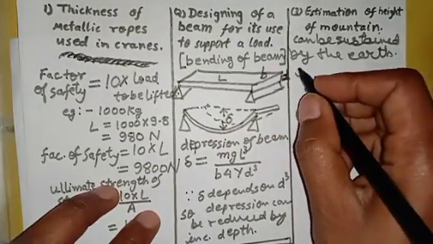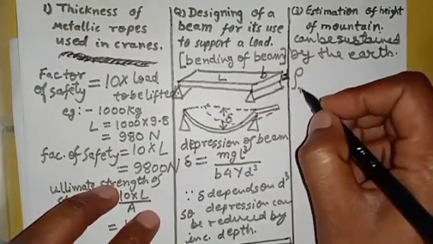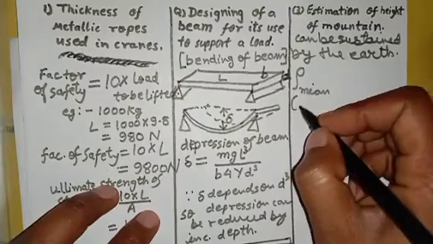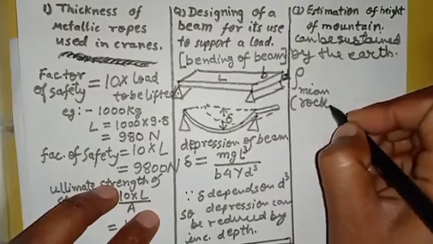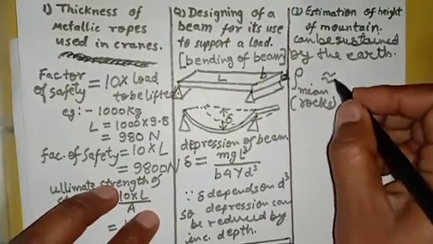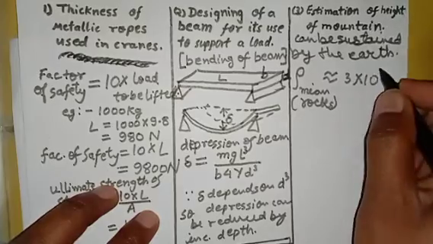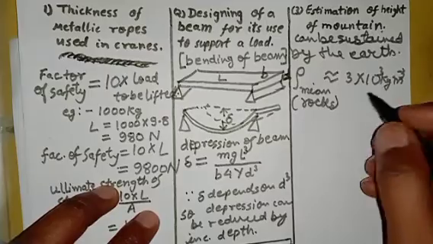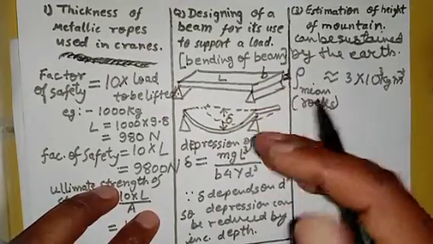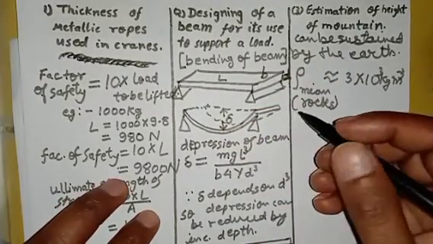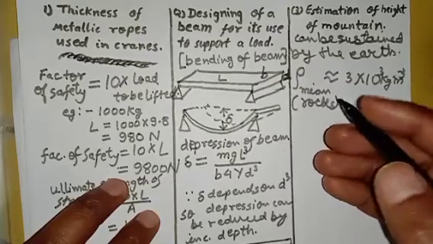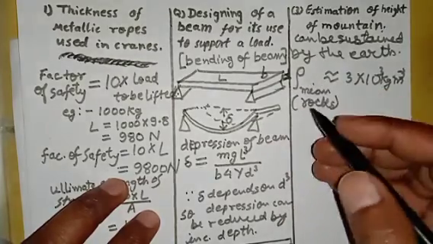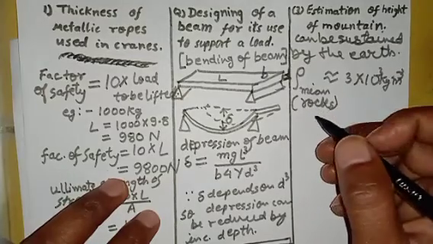So for rocks, a mean density is nearly 3 into 10 to the power 3 kg per meter cube. It is not an exact value, it is close, but we are just estimating. We don't require a sure shot calculation here. We need some estimation only.